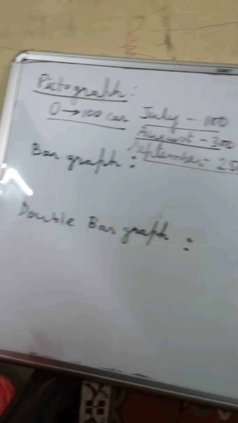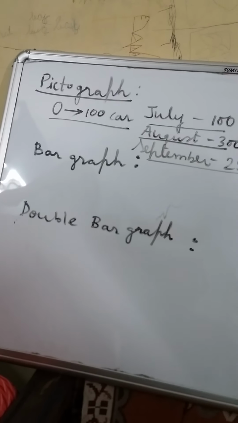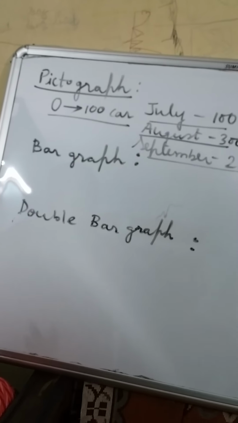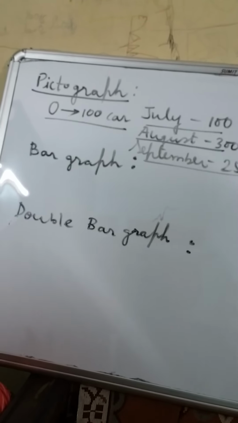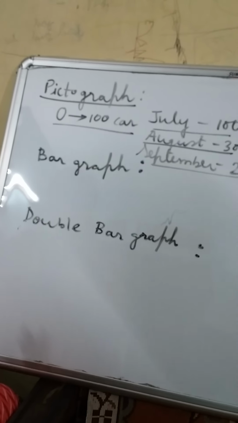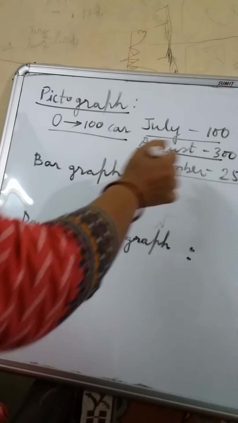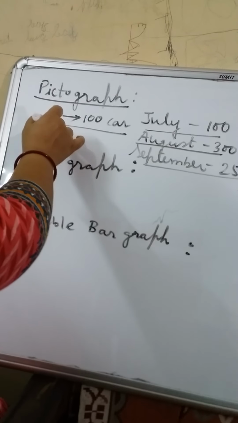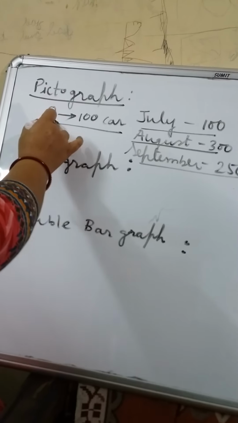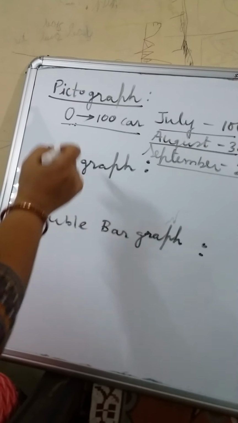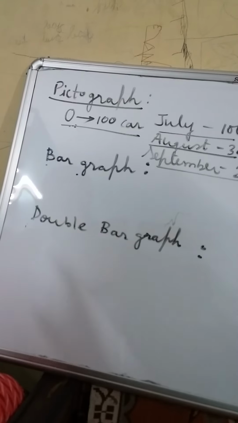Next, what have we learned? Next we have learned the bar graph. A bar graph is a display of information using bars of uniform width. That means in a pictograph we represent data in the form of pictures, and here we are representing information in the form of bars.